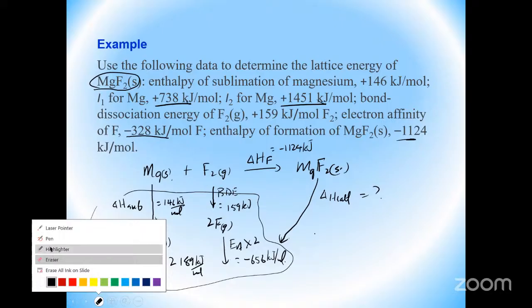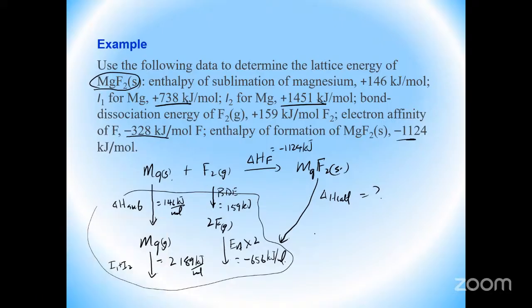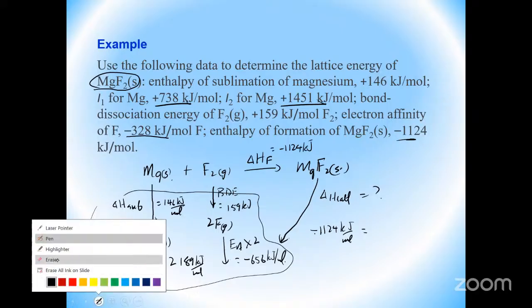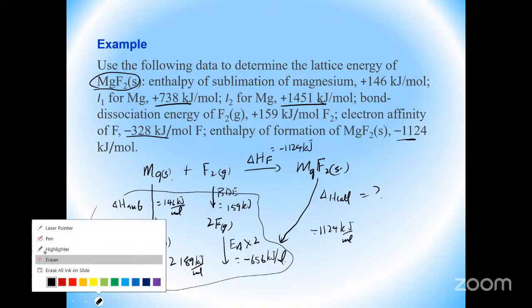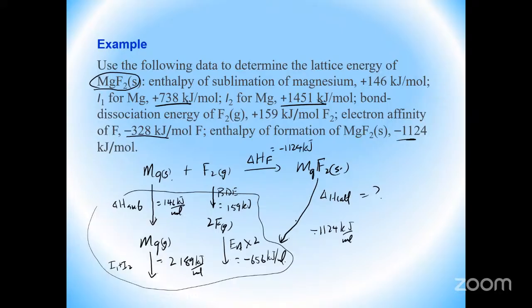So delta HF, which is minus 1124 kilojoules per mole, is equal to, not equal to, I'm sorry, plus delta H lat, all right?